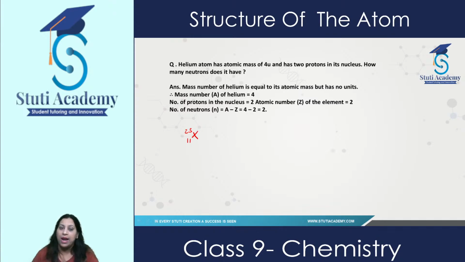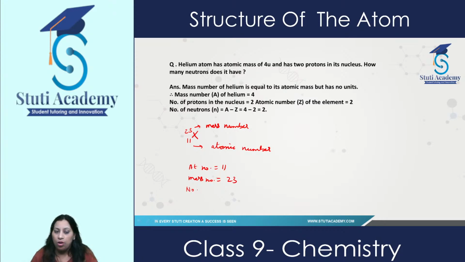If you are looking at this, you will get an idea that the number which is written above, that represents mass number, and the number which is written below, that represents its atomic number. So what information do you get? We'll get like atomic number is 11 and mass number is 23.